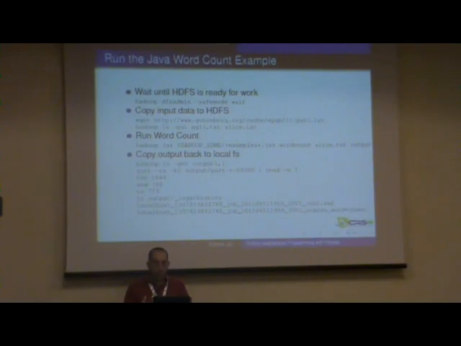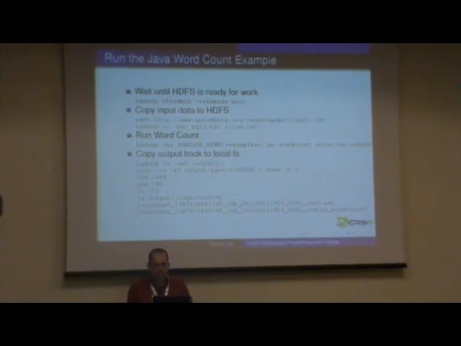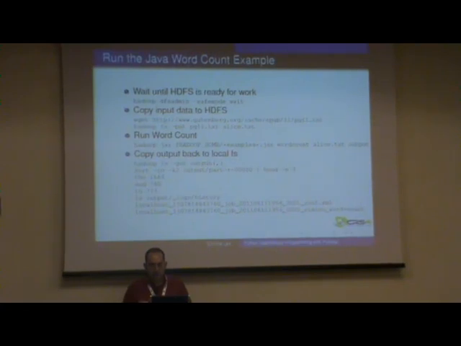Now that we brought up our Hadoop cluster, just to see if everything works correctly, we can run the Java word count example. We copy some input data to HDFS. We run the word count example, which is stored in a Java file that comes with the Hadoop distribution.